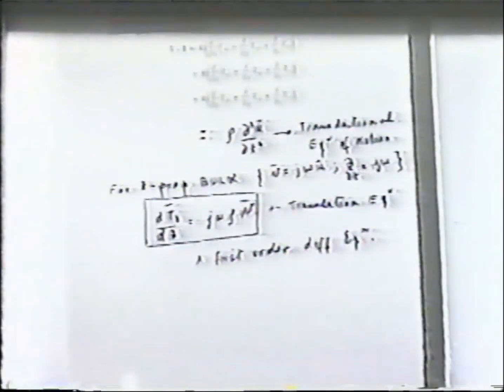There is, by the way, in this context, a similar operator to the one I showed. Can I clear this one off now? Yeah, okay. There's a similar thing to what I had earlier regarding the strains.